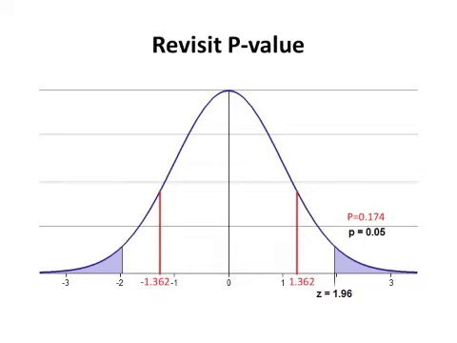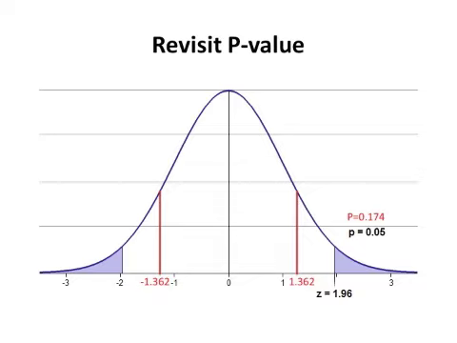Okay? And our t-statistic has a value of 1.362 or minus 1.362. Okay? And the area to the left of this and the area to the right, the sum together equals 17%.